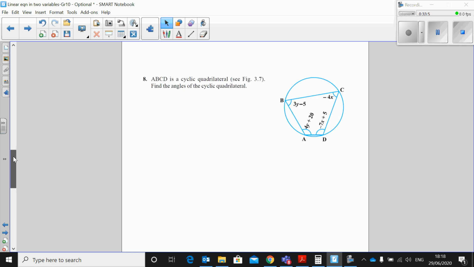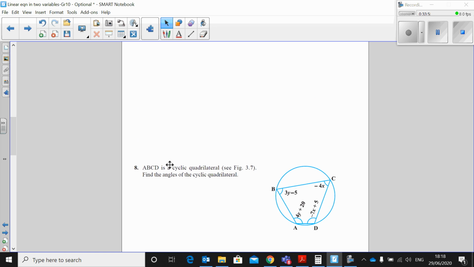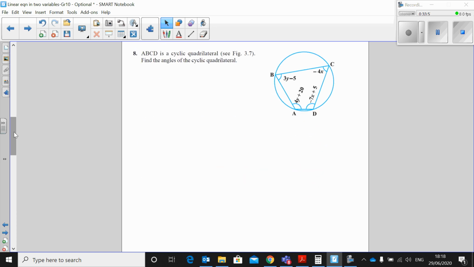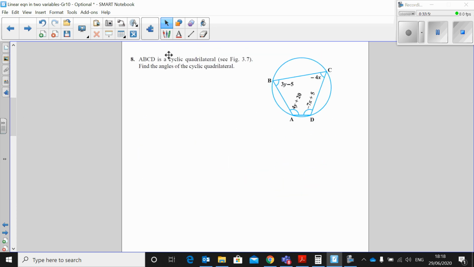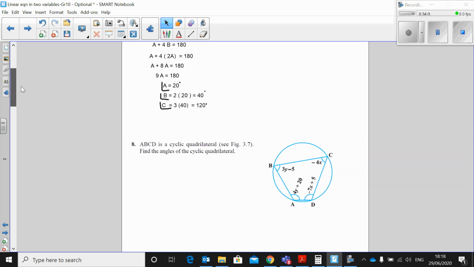Let us complete first all the word problems in this exercise. ABCD is a cyclic quadrilateral given in the figure. Find the angles of the cyclic quadrilateral. Okay. So what is the property we know in cyclic quadrilateral?